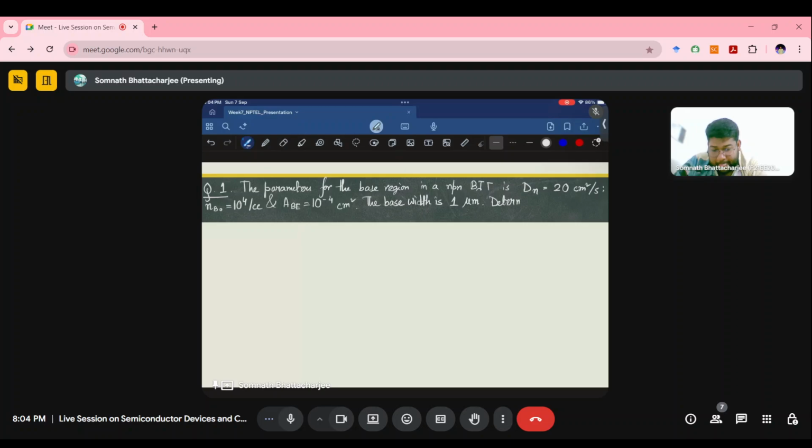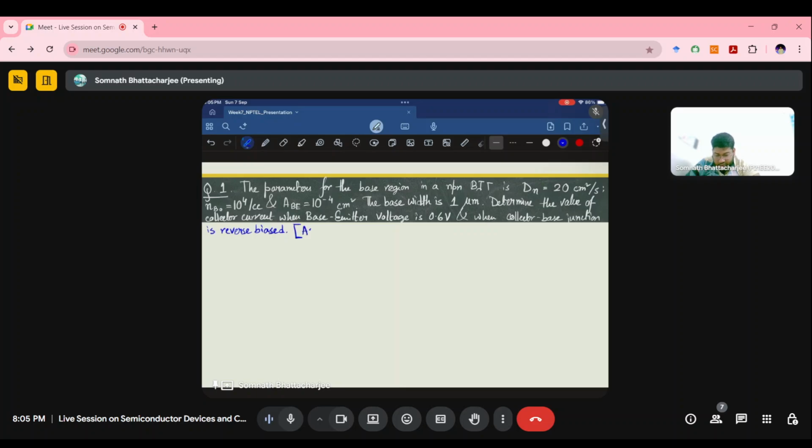Determine the value of collector current when the base to emitter voltage is 0.6 volts, and when the collector base junction is reverse biased.